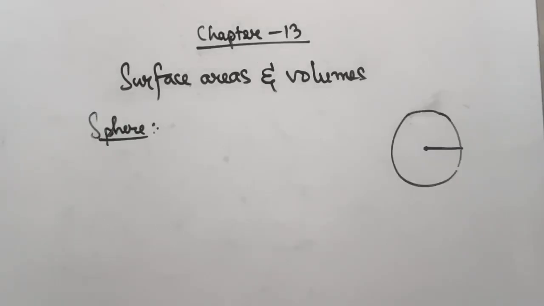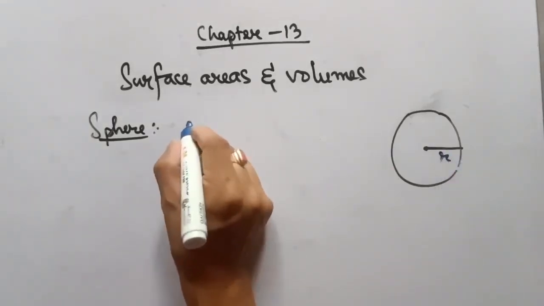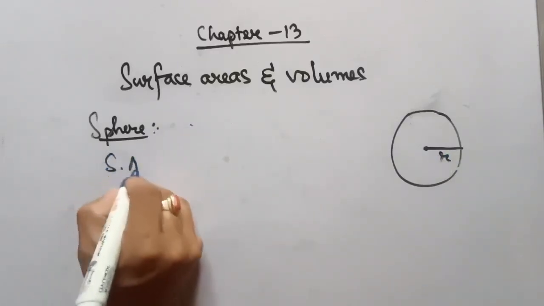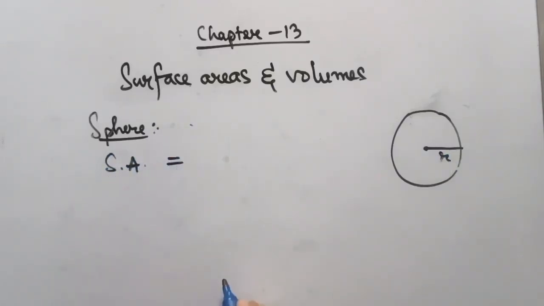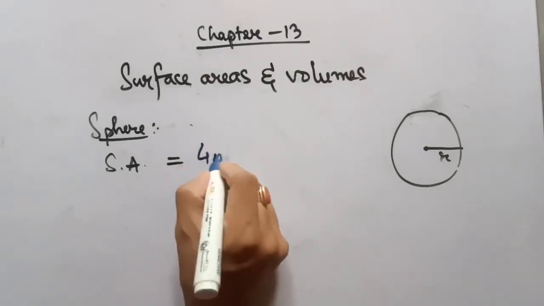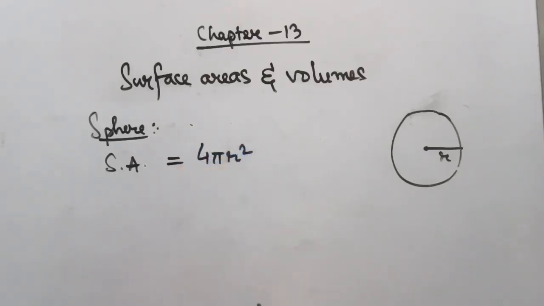Next, we will study the surface area and volume of a sphere. If r is the radius of a sphere, then the surface area of a sphere is given by 4 pi r square.